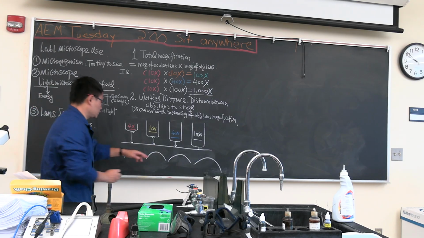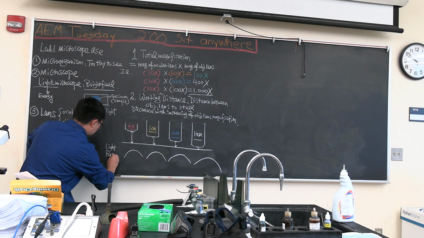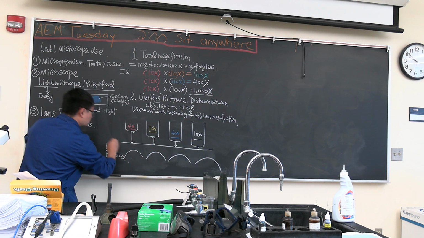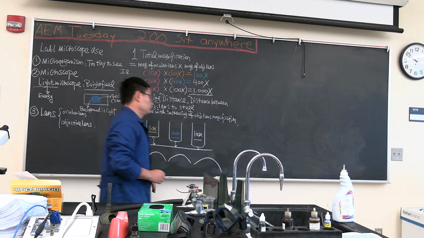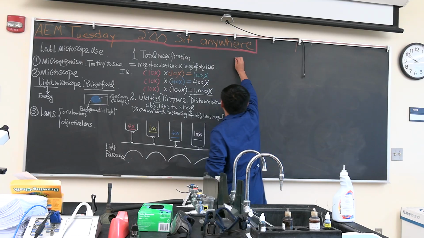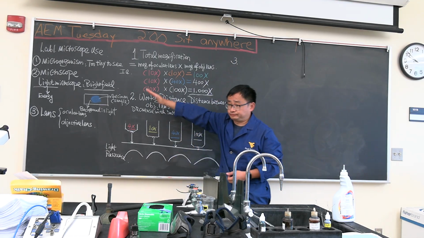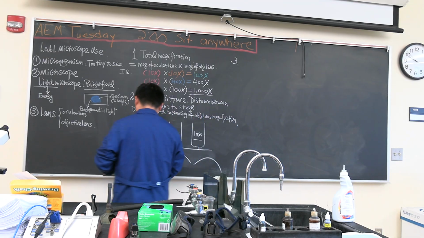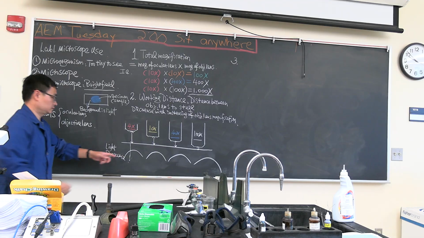And the light source is right here, okay? This sometimes gives you trouble. Okay? What's the trouble? The light is going on. Okay, it goes here. This area is glass.